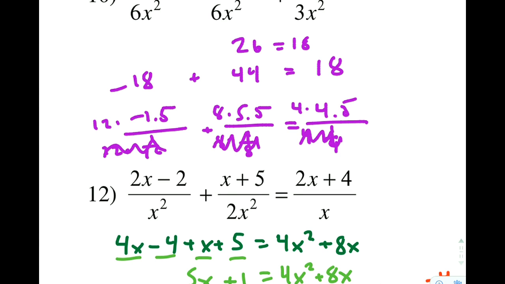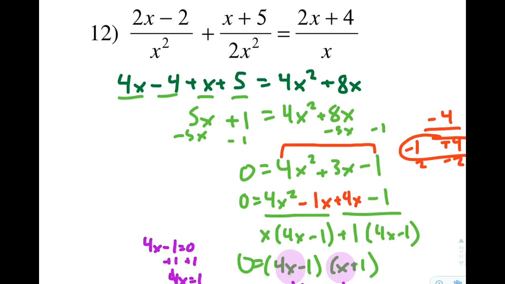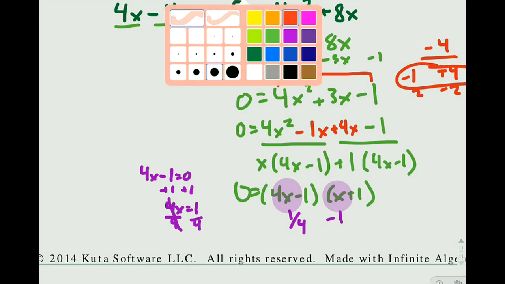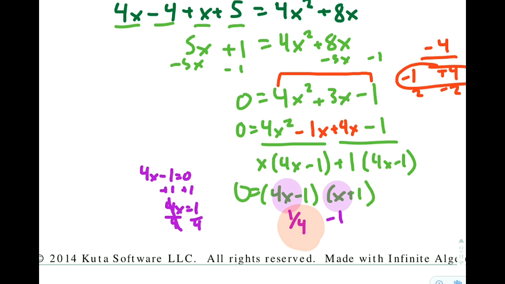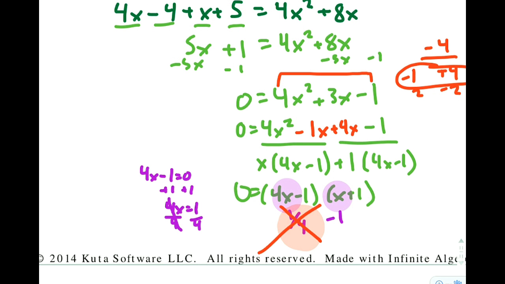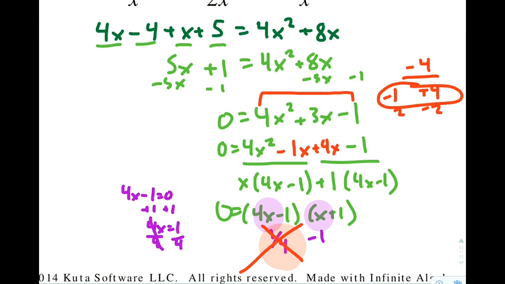So this problem says 26 equals 18. And I know that that is not true. That means, unfortunately, that this solution here, this 1/4, is actually extraneous. It is not a real solution. So even though it came out when I factored it as being supposedly a real solution, there is something wrong with it. It is not correct.